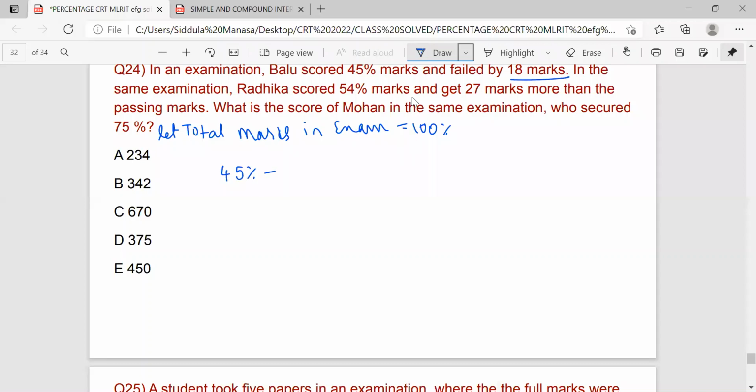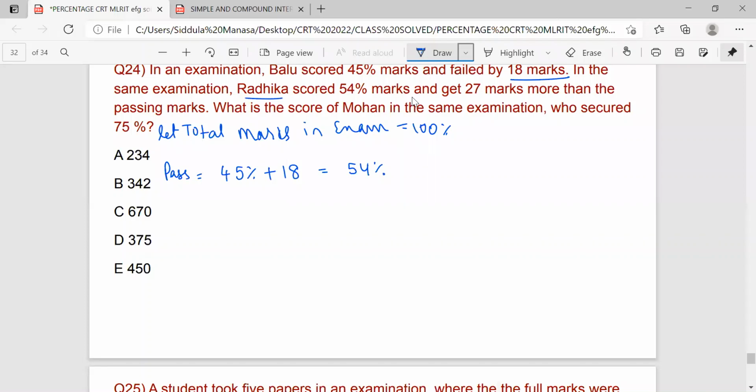That means if he got an addition of 18 marks, he will pass. So that means if I add 18 marks to Balu's score, which is 45%, he will pass. And in the same way, Radhika scored excess. She scored 54%. Due to that, she got 27 marks extra than pass marks.